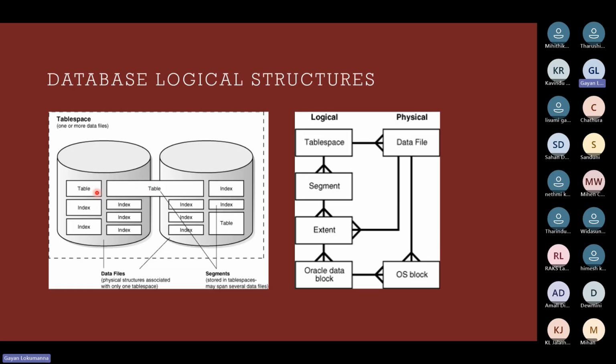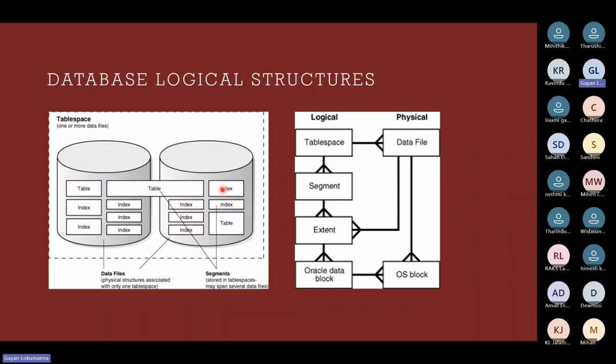Let's take an example, this table. Initially we may not have data, but when you are entering data for the first time, you need to allocate space for it. So once you allocate space, it will keep growing, right? So how would Oracle allocate space for this table or maybe the index to grow?